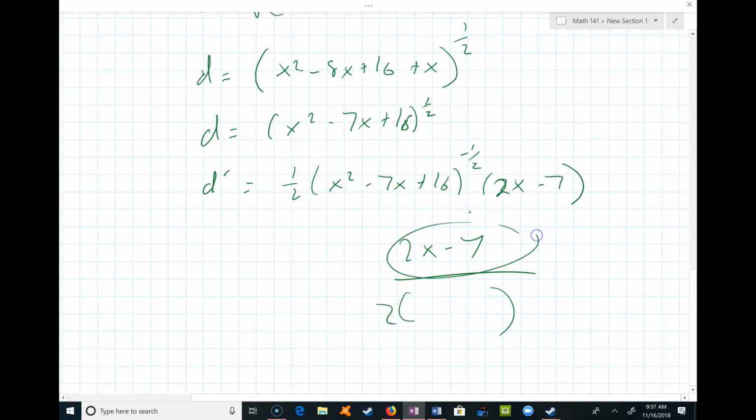So really I'm just trying to set that equal to 0. 2x minus 7 equals 0. That means x is equal to 7/2. So the point I'm looking for is (7/2, square root of 7/2), because x is the x part of that point.